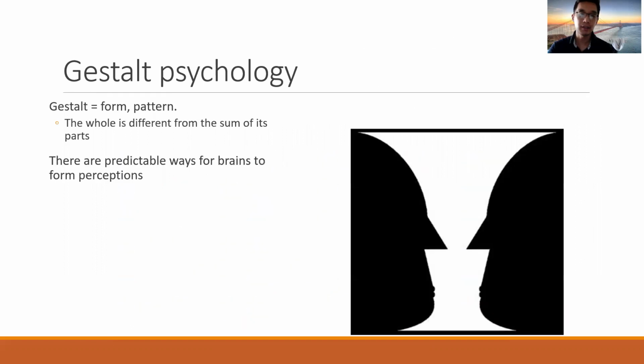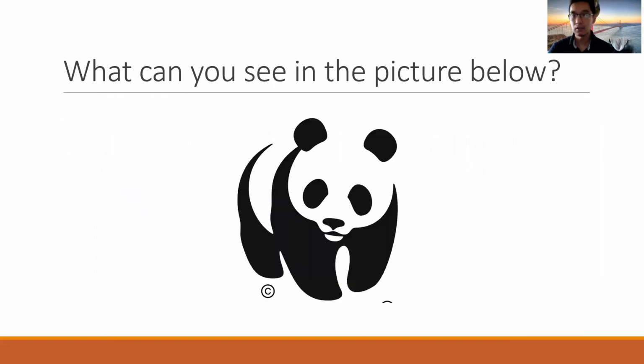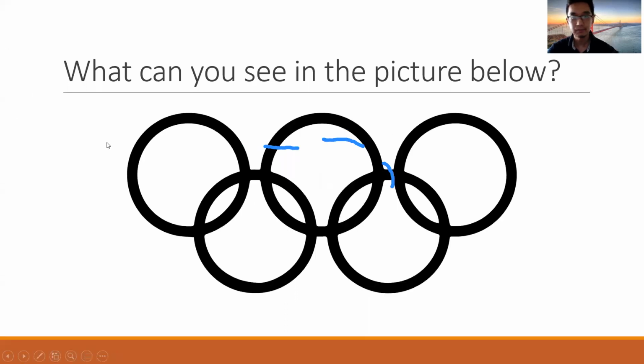In the example that I gave just now, you can see a panda because of the principle of closure. You tend to see a complete object. You tend to see a line here, a line here, a line here, right? And why do you see 5 circles here? That is about the principle of continuity, right?